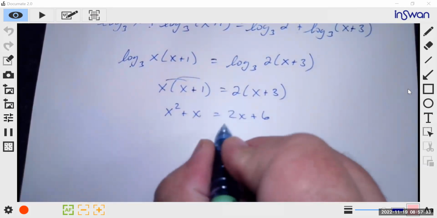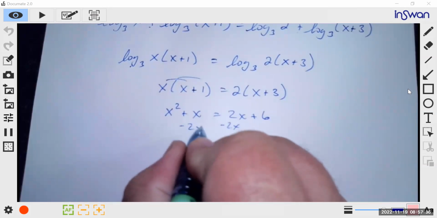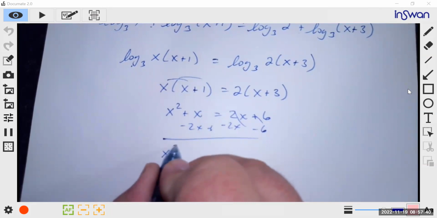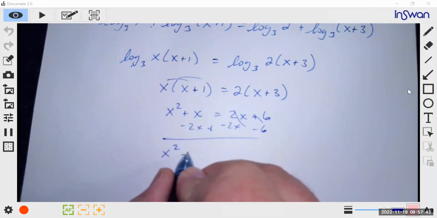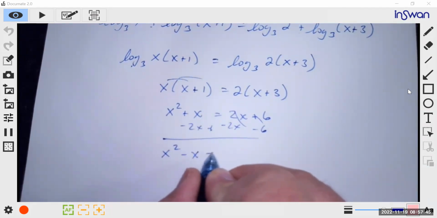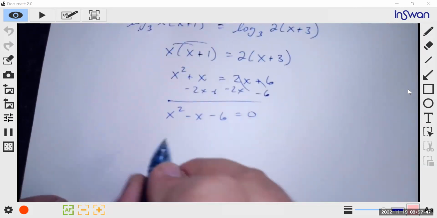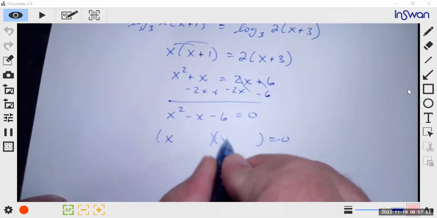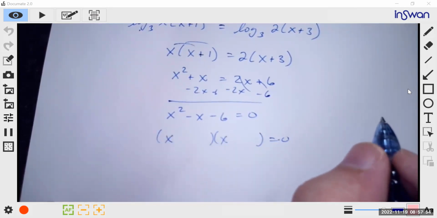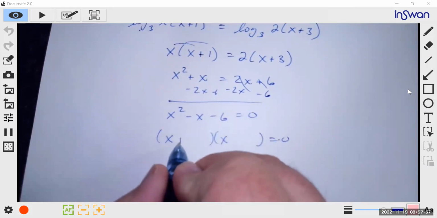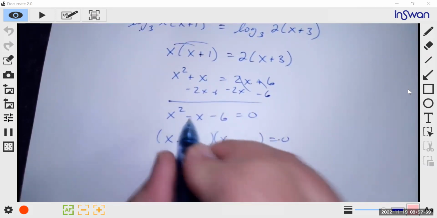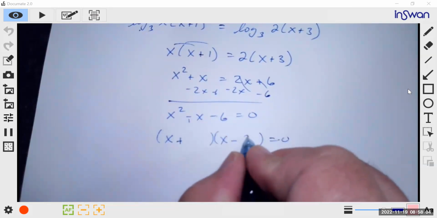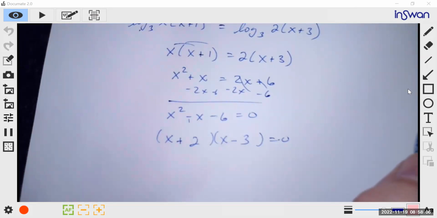Quadratic, so move everything to one side. Subtract 2x, subtract 6. x squared, negative 2x plus x is negative x, minus 6 equals 0. Factor them. The second sign is a minus, so they're opposite signs. The bigger one is negative. What times what is 6, when you subtract them, you get 1? 3 times 2.